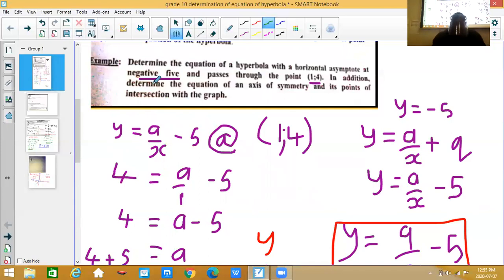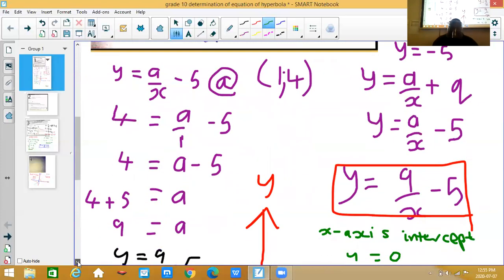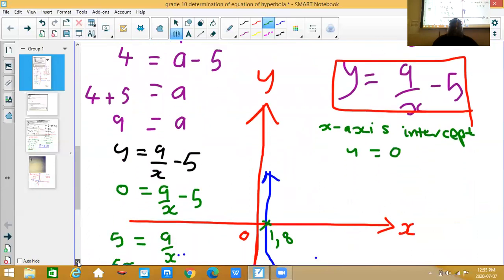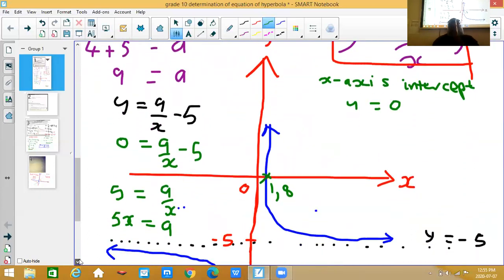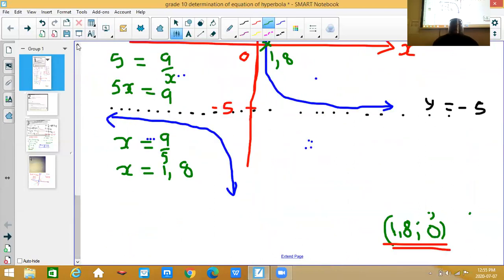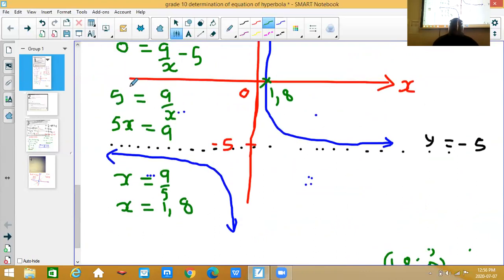Okay, here we are not required to find the x-axis intercept. Now we are supposed to find the axis of symmetry, right?